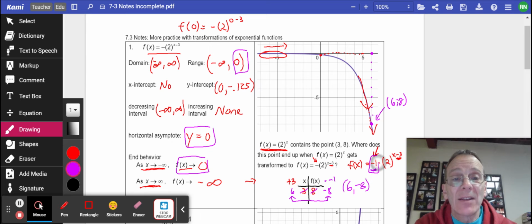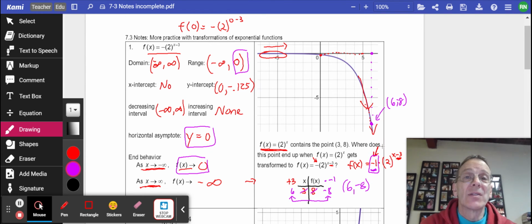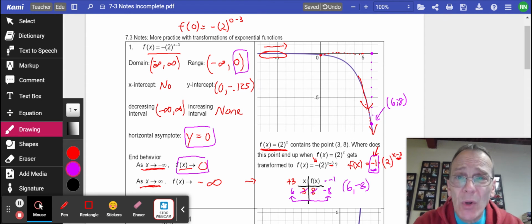The fact that these exponential graphs are being reflected now, that's the only thing that's different in 7.3. Did it confuse us? No. Did we have to learn something new to know how to deal with that? No. I mean, there's kind of nothing new in this lesson.